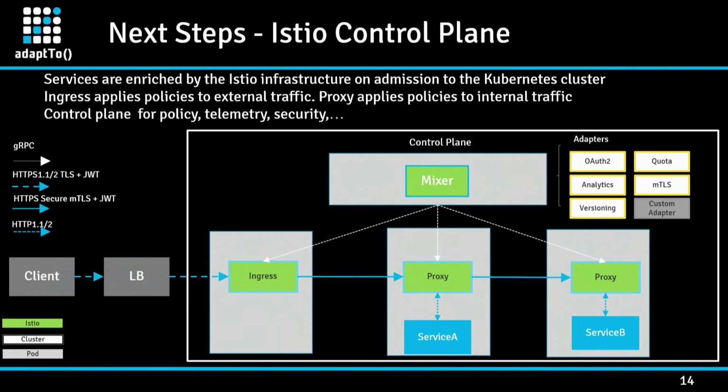In the previous approach, the EMG approach, there was just a single routing component. In the Istio approach, that responsibility is split into the proxy and the mixer. The proxy just extracts the attributes and sends those to the mixer to apply the proper rules.